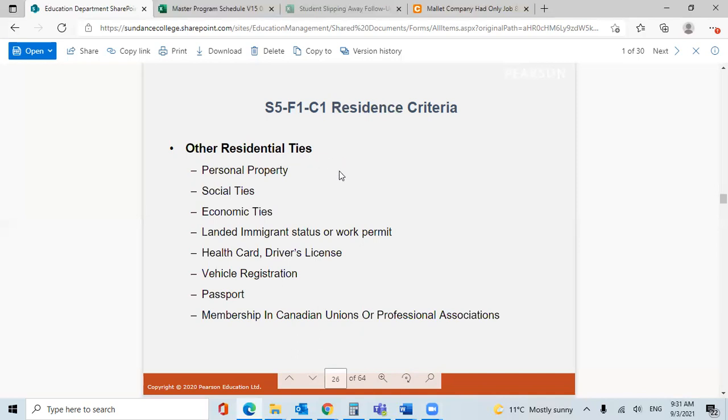Okay, so the secondary residential ties include personal property, like furniture, cars, clothes, and vehicles. And social ties, which means your memberships in Canadian recreation or religious organizations.